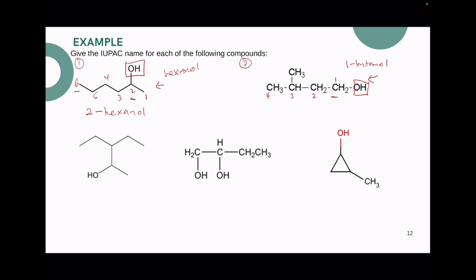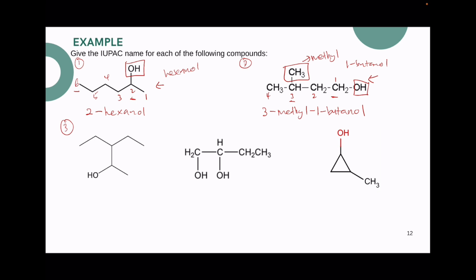Next, you can see there is a methyl group as a substituent attached to the third carbon. So the complete name for this compound is 3-methyl-1-butanol.